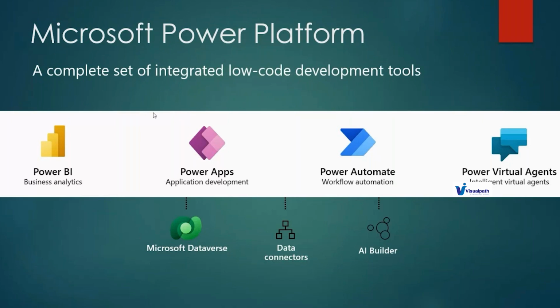The components, as you can see on your screen, are Power BI, which is mostly your reporting and data visualization tool, used for data analytics and data visualization. You can pull data from different databases or data sources, and create visuals, graphs, charts, and dashboards which allow you to look at your data in a manner that creates value for the business user to understand the meaning of the data.